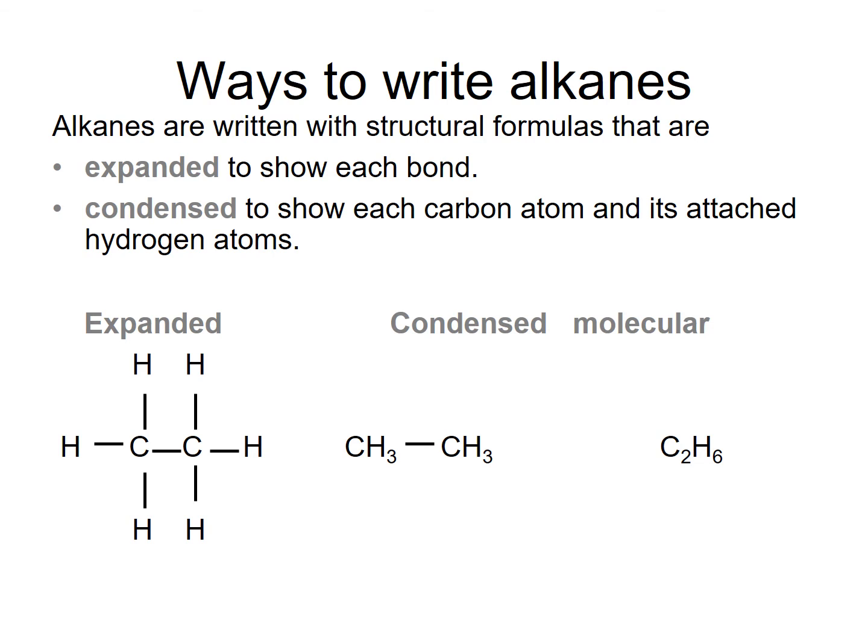And then the very simplest version of an alkane formula would be something like C2H6, which just lets you know how many carbons and hydrogens, but doesn't attempt to show you how they fit together. That would be called a molecular formula. So an expanded formula, a condensed formula, a molecular formula. More information in the expanded, less in the condensed, and even less in the molecular formula.